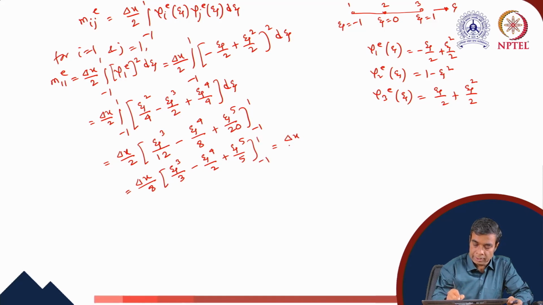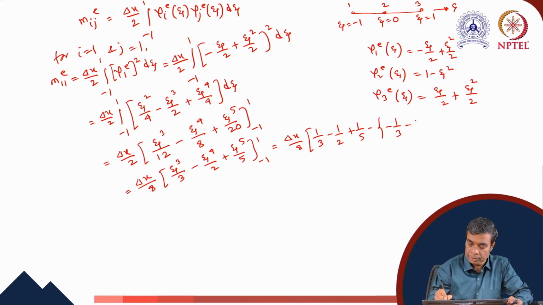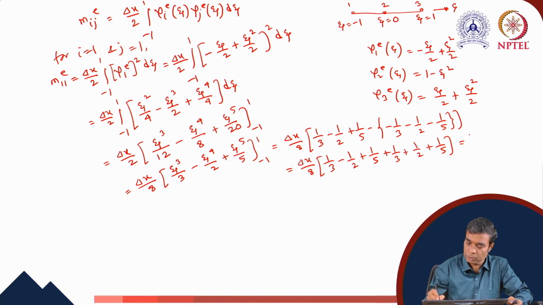This gives us Δx by 8 into 1/3 minus half plus 1/5 minus, 1/3 minus half minus 1/5. This becomes Δx by 8 into 1/3 minus half plus 1/5 plus 1/3 plus half plus 1/5. From here, half and half cancel out, so we get Δx by 4.